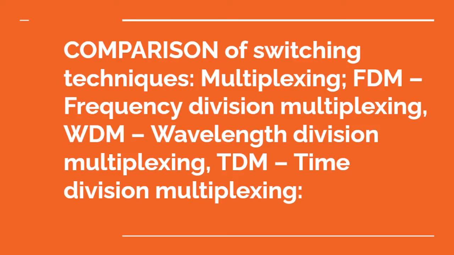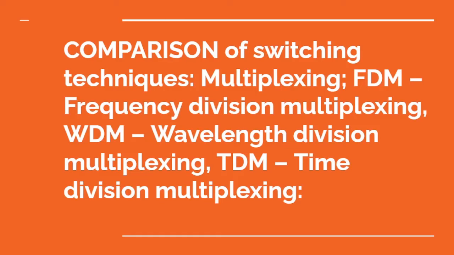CDMA uses spread spectrum technology and a special coding scheme where each transmitter is assigned a code, generally a pseudo-random code, to allow multiple users to be multiplexed over the same physical channel. By contrast, time division multiple access, TDMA, divides access by time, while frequency division multiple access, FDMA, divides it by frequency.